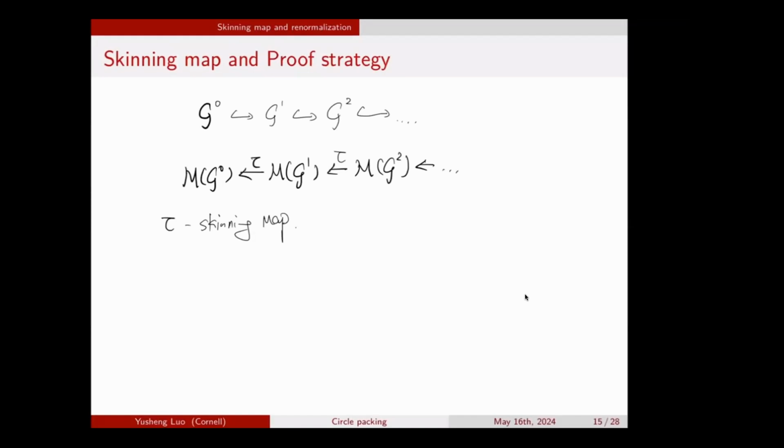Okay, and then the proof consists of 2 steps. The first step is to show that essentially the skinny map has bounded image.